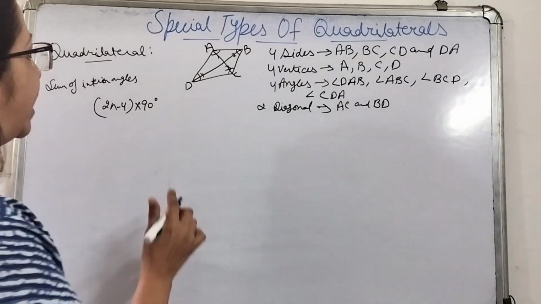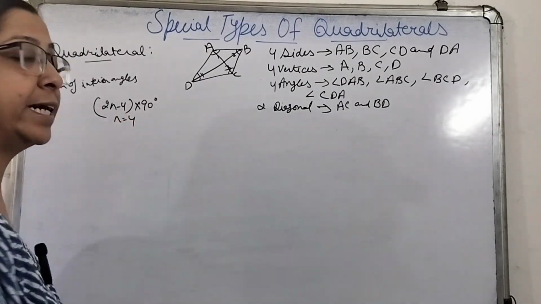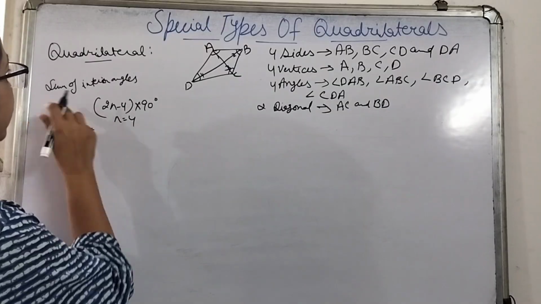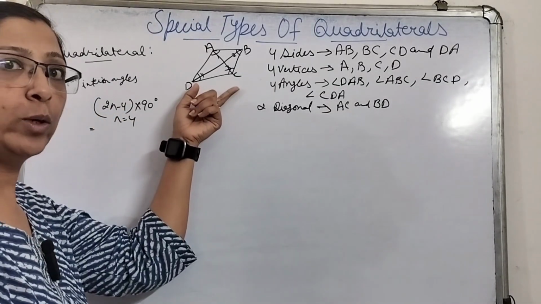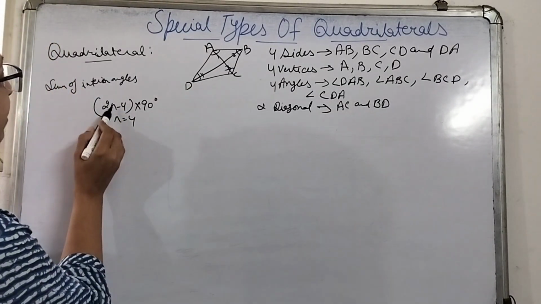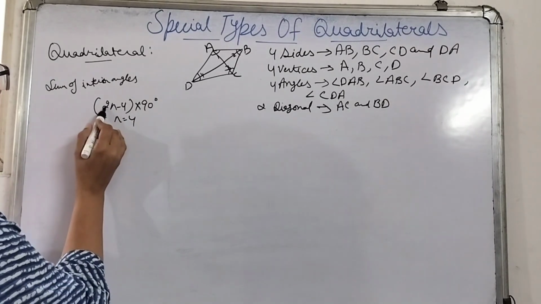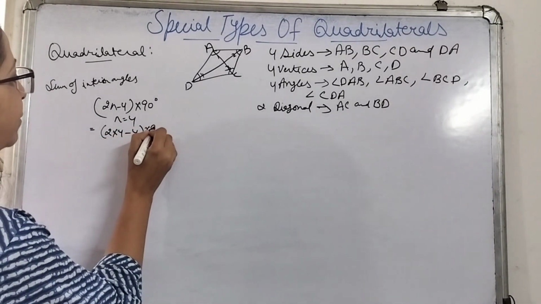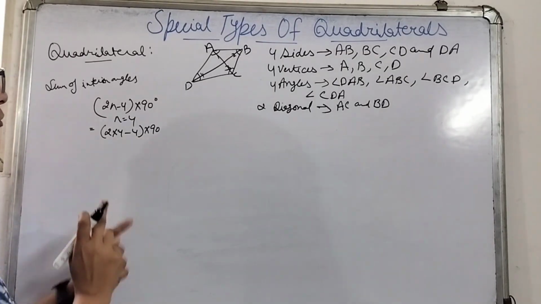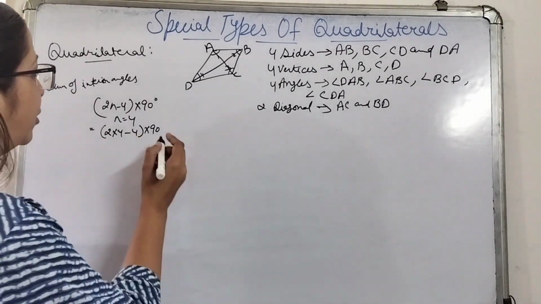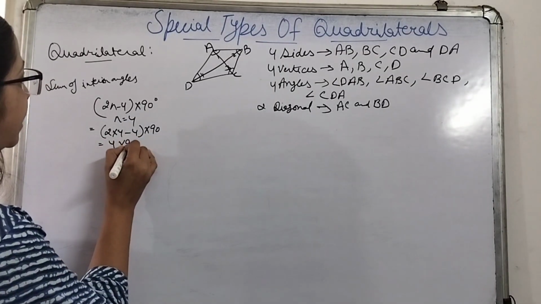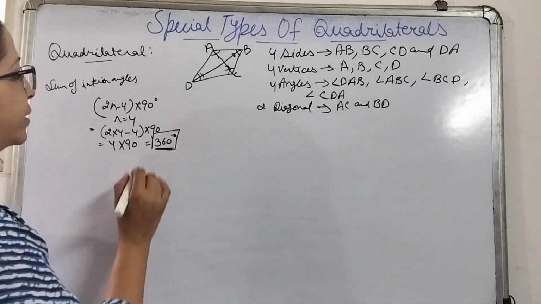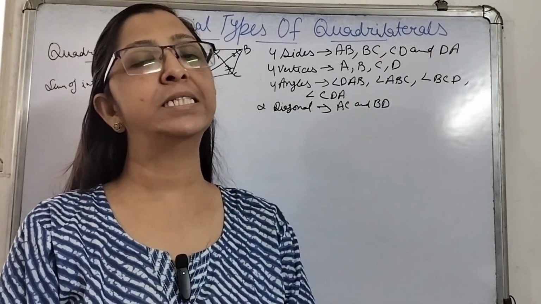Over here the value of n is 4 because it is a four-sided polygon. So we can find the sum of all the interior angles of a quadrilateral by replacing n by 4. It will be 2 multiplied by 4 minus 4, multiplied by 90. 2 multiplied by 4 is 8, 8 minus 4 is 4, and 4 multiplied by 90 gives 360 degrees.